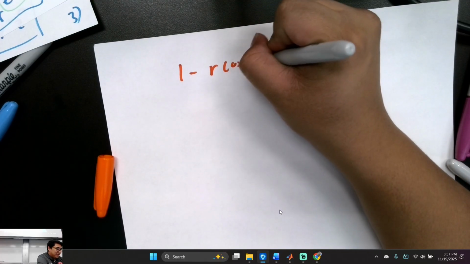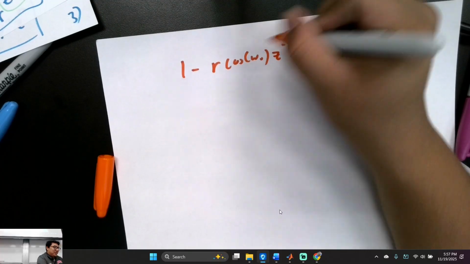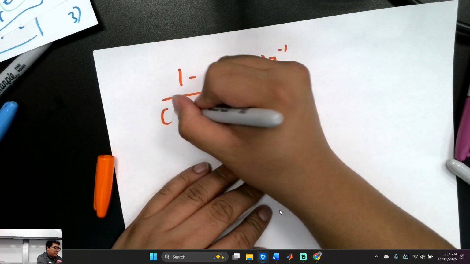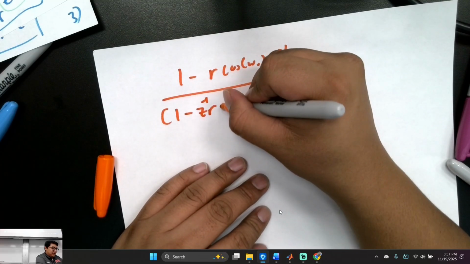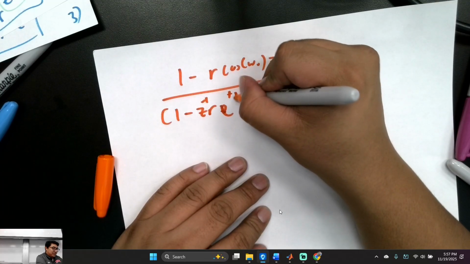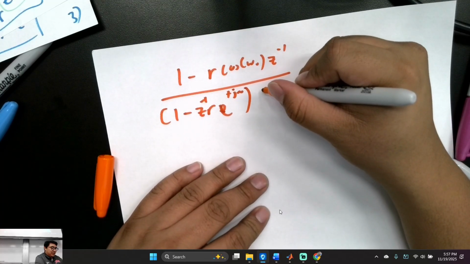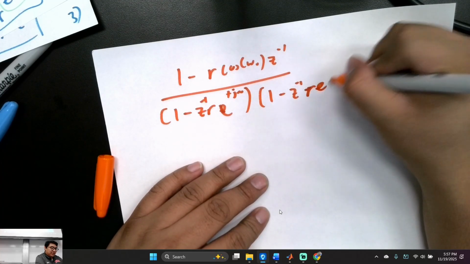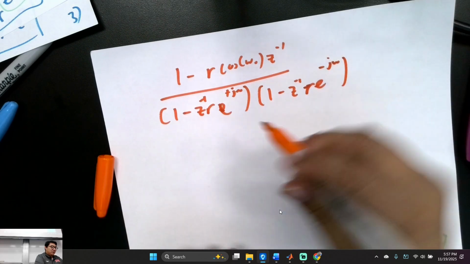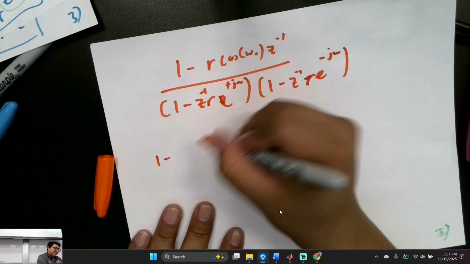R cosine omega z minus 1. There we go. Then 1 minus z r e to the positive j omega. Then 1 minus z minus 1 r e to the minus j omega, right? Where this needs to be forced. Okay, you see?